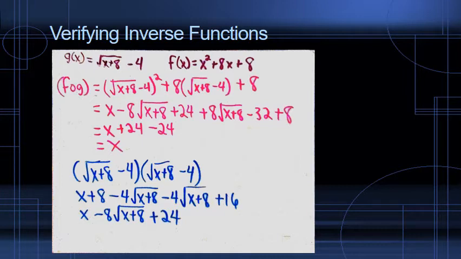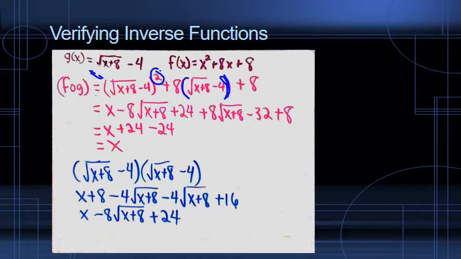Okay, so we've got x squared in the f of x. So now we've got the square root of x plus 8 minus 4, squared, plus 8 in parentheses. And I think this is where our problem was the other day. We didn't have this whole expression inside of parentheses, and that's what was messing us up.